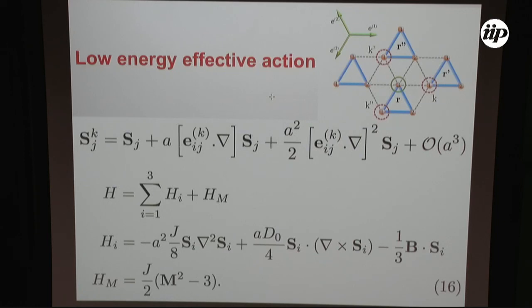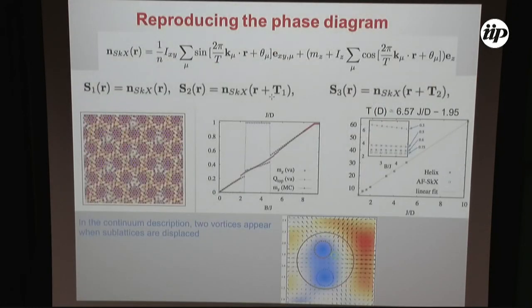And we are working now on a second calculation where we would like to describe the low energy effective action directly in terms of the SO(3) matrices. But we have the effective action, and it's a bit cumbersome, so we don't have results from there. But from the first theory, we could reproduce a phase diagram with some simple ansatz.